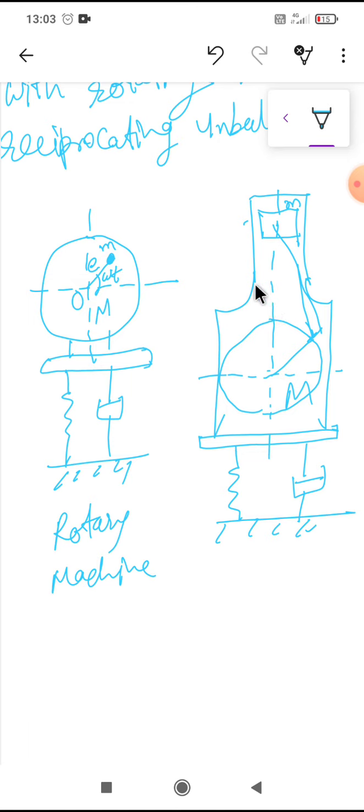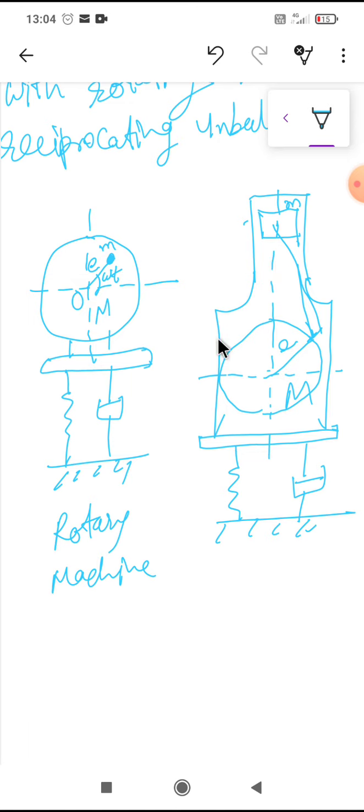If the crank length is e, and assuming the reciprocating piston of mass m to be placed at the crank instead of the connecting rod, the reciprocating system becomes equivalent to a rotating system having an eccentricity e. So what it is saying is that if this is placed here, it will behave as a rotating system.